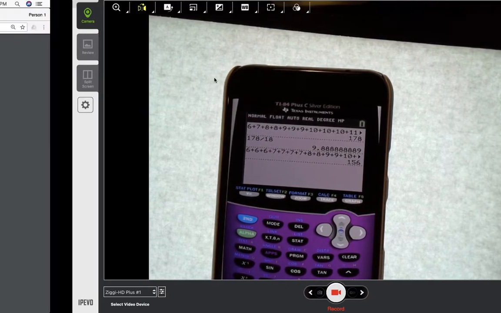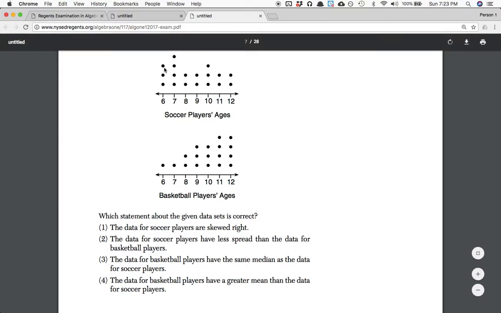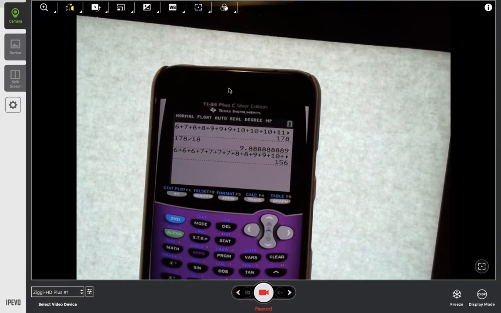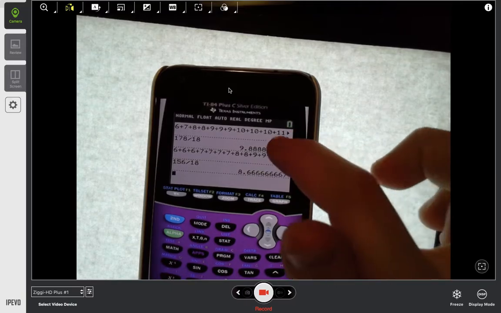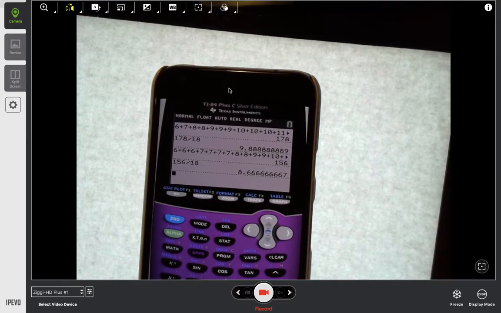Let's just make sure that I'm dividing by how many: 17 values. Dividing that 156 by 17, that's my mean, and the mean here, 9.2, is less than the mean over there.